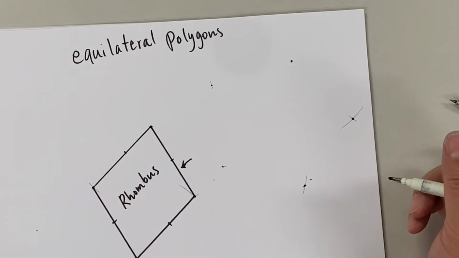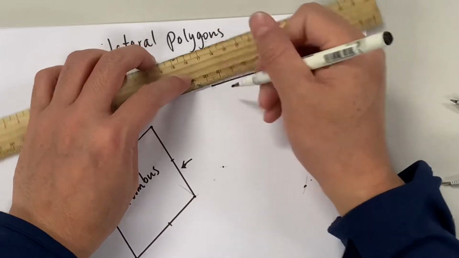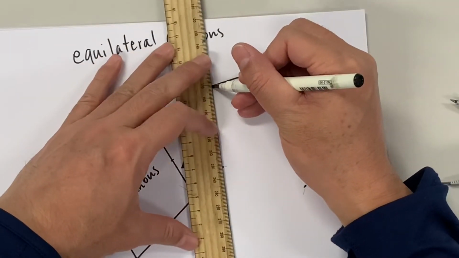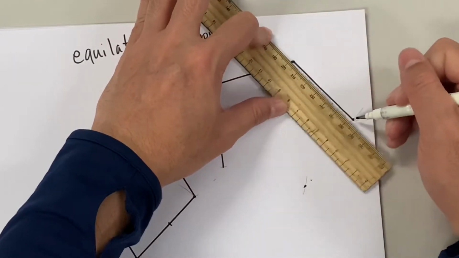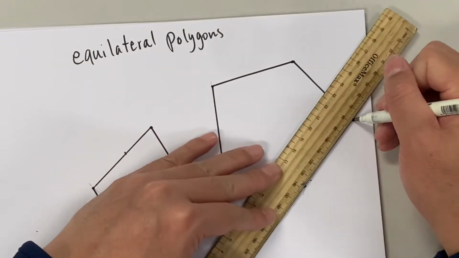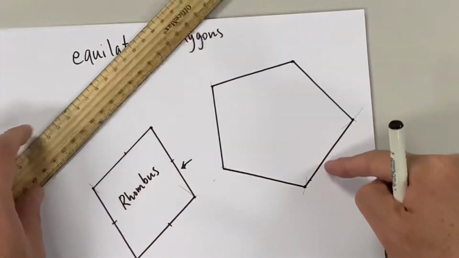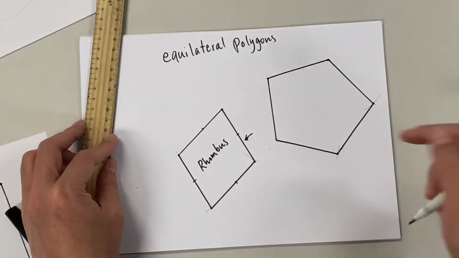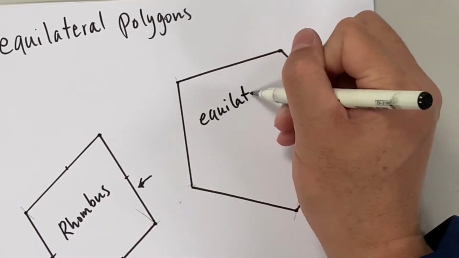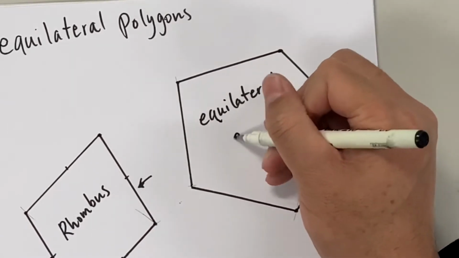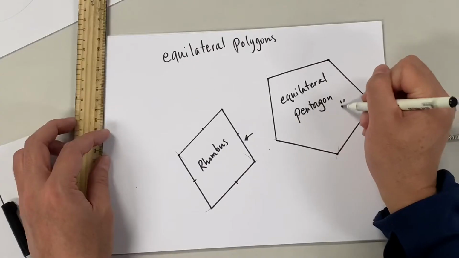So if I connect these, this now is an equilateral pentagon. Every single side has the same length. This is an equilateral pentagon.